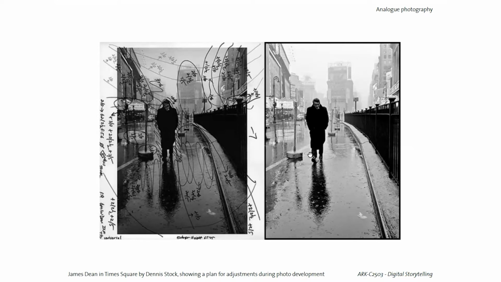And certain darker areas like the shadows here, the reflection, or maybe this railing, you would try to overexpose, to make them lighter, in order to get the detail out. And of course first you would do a sort of map to see which parts need to be exposed to what extent.